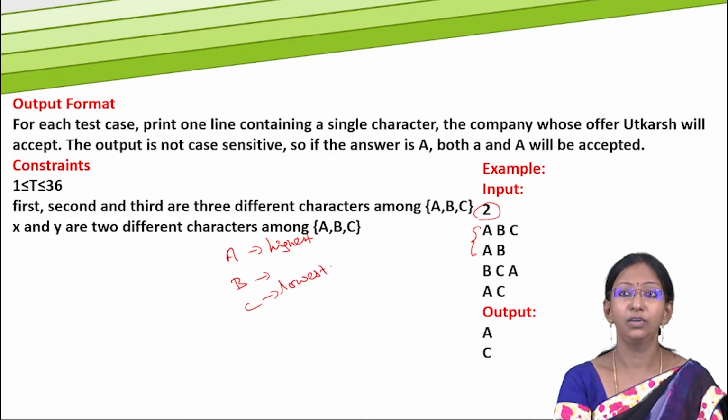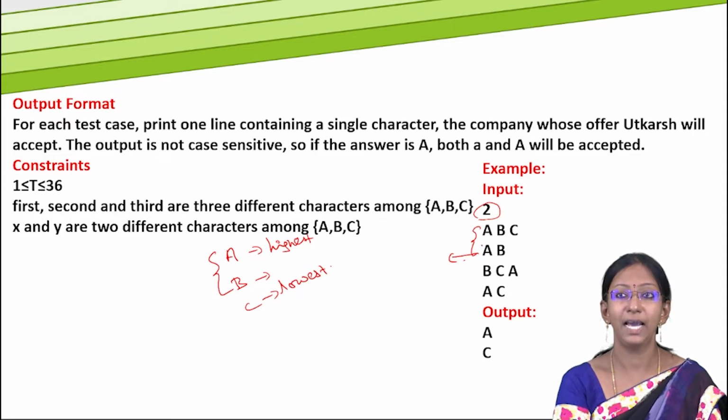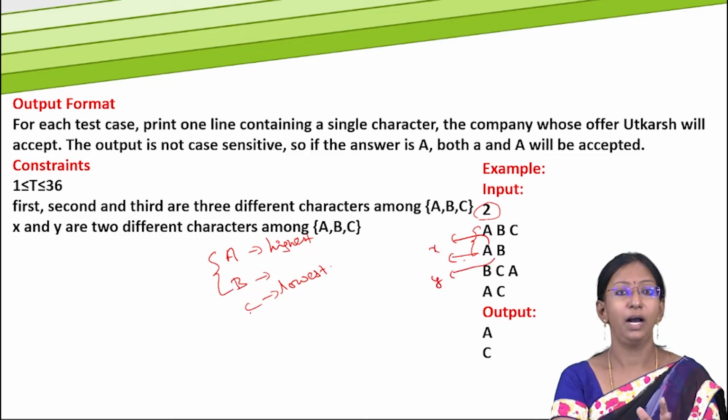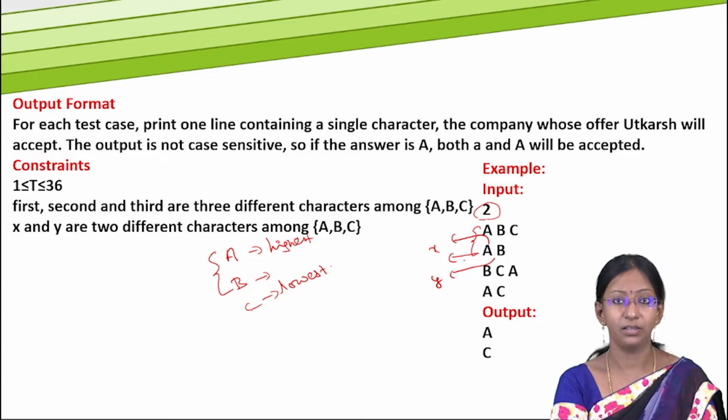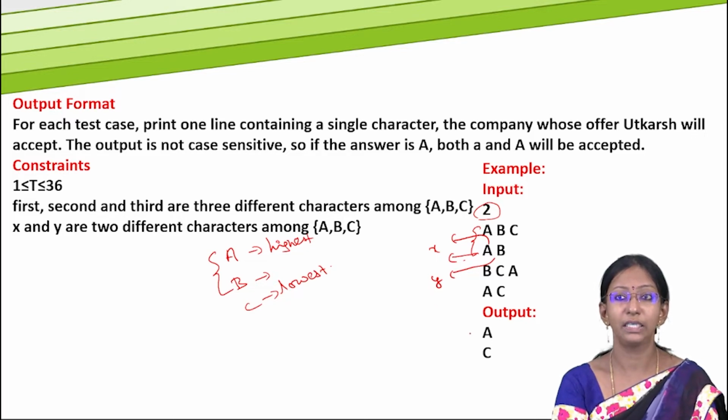Then he got the offers from companies A and B. So here A is X and B is Y. As per the order of preference, he is going to give A the highest priority, so the result is A.